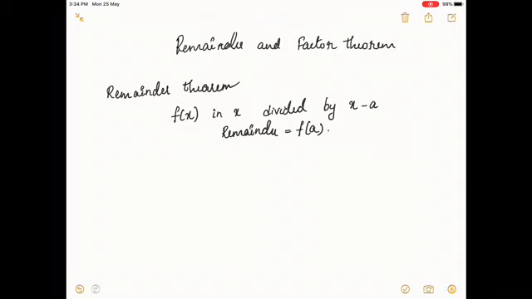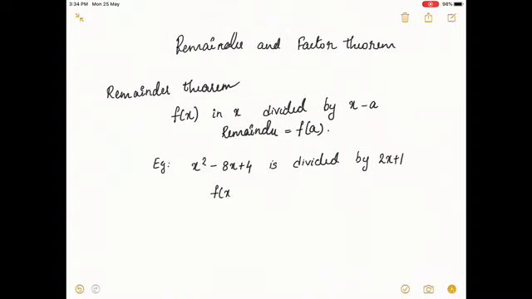For example, I'll take the polynomial x square minus 8x plus 4 divided by 2x plus 1. How do we find the remainder?